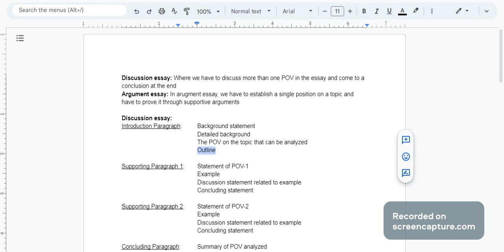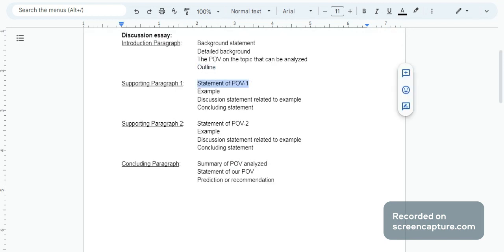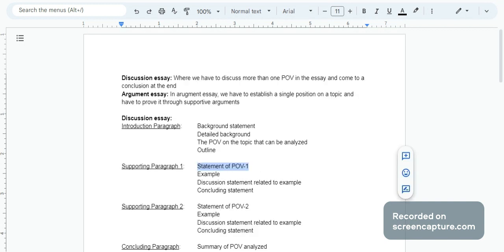So if we move on to the second paragraph, there is a point of view statement, POV 1.